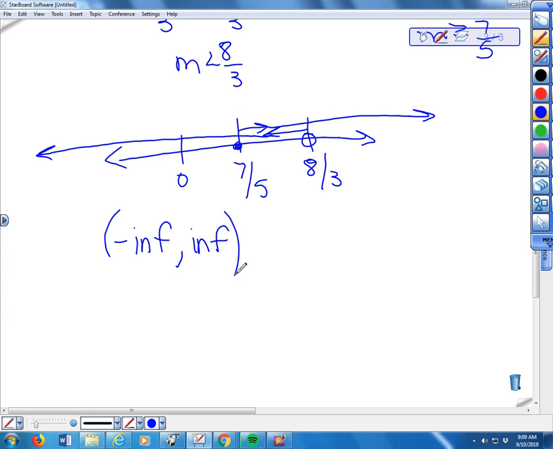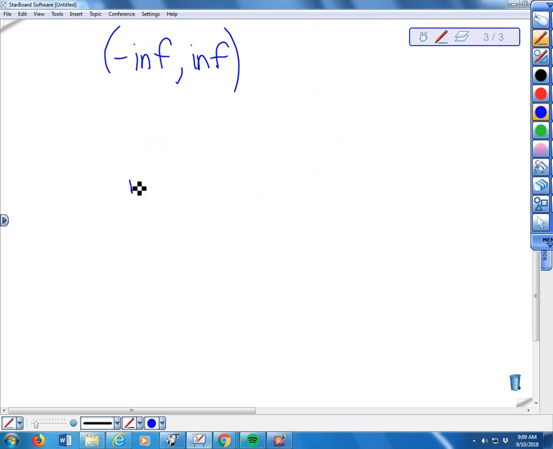On the quiz, did they do it in interval notation? No, they use this. This means it's an element of. What does this stand for? When you see a double line R, it stands for all real numbers. So x is an element of all real numbers.